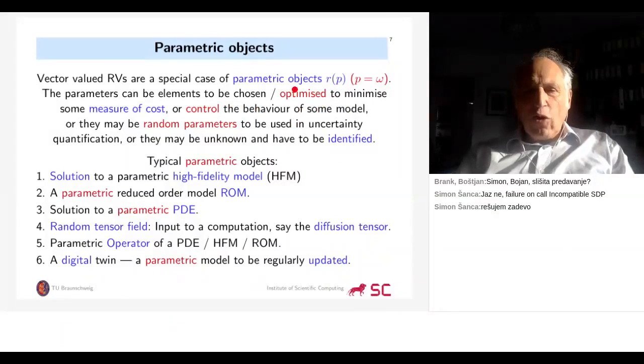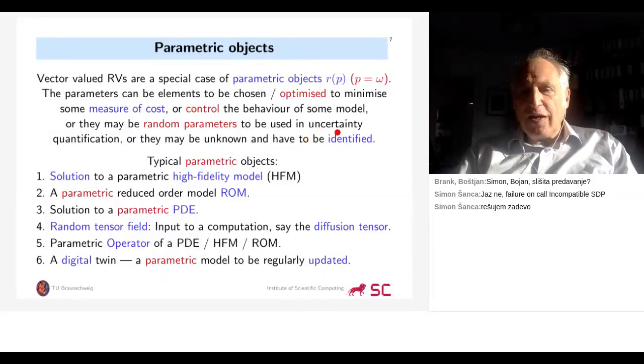For instance, if you have to optimize or minimize some measure of cost or control the behavior of some system, then the P may be control parameters, or they may be random as we had. Or there may be something which we want to identify, and this is going to come in later lectures when we do identification. So they can have all these roles.